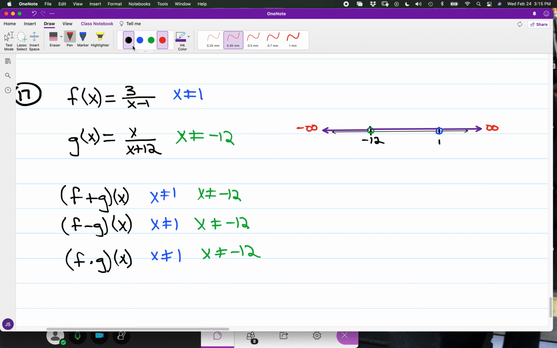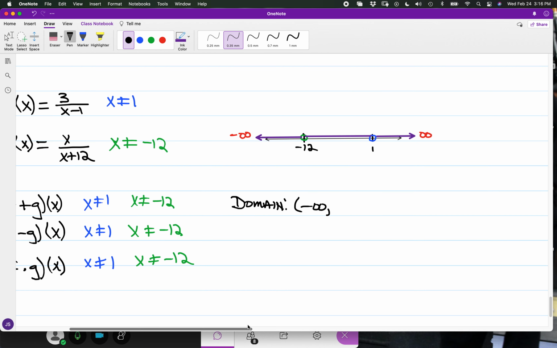And so for the sum, difference, and product functions, for the domain we have values of x less than negative 12. Then in between, we have those values going past negative 12, approaching but not including 1.